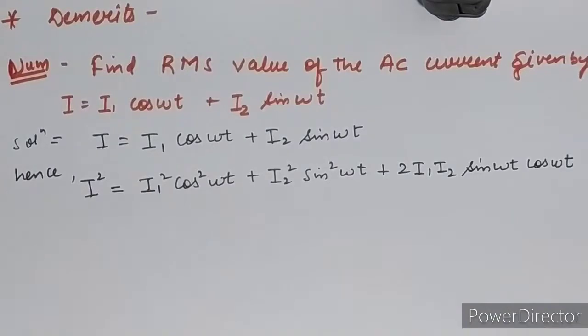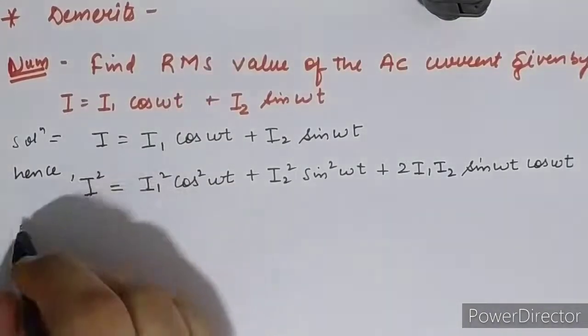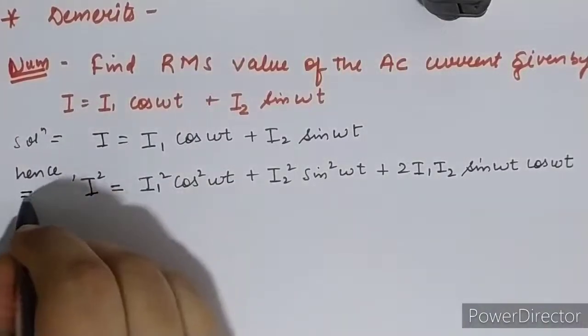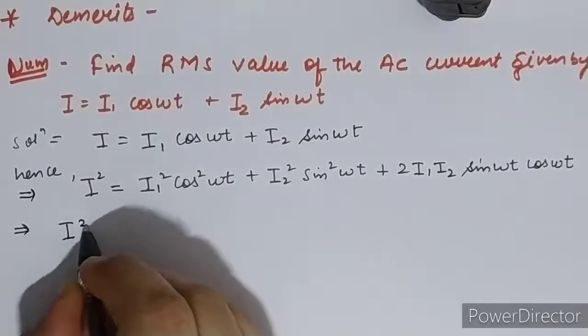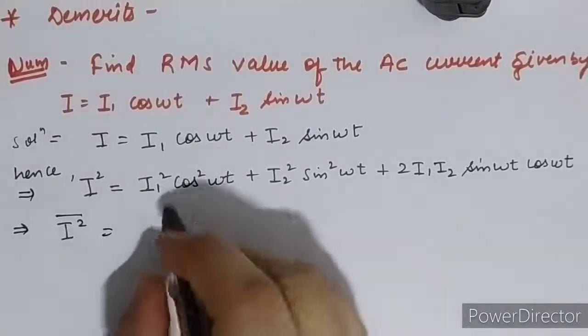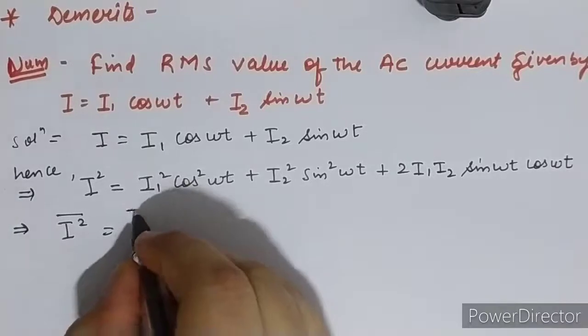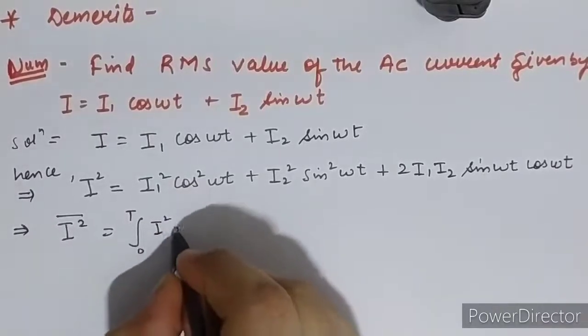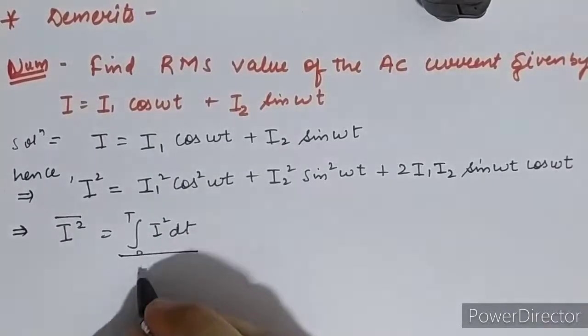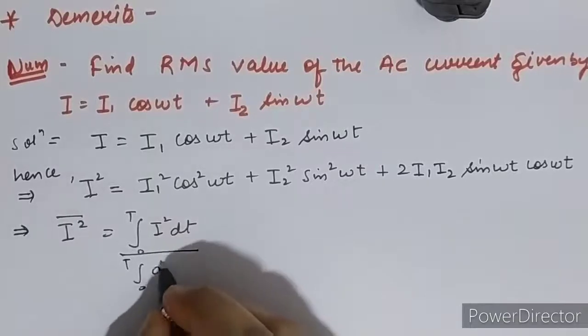Now what do we have to do? Second thing, the mean. For calculating the mean of I square, it will be the integration of I square dt with respect to time.